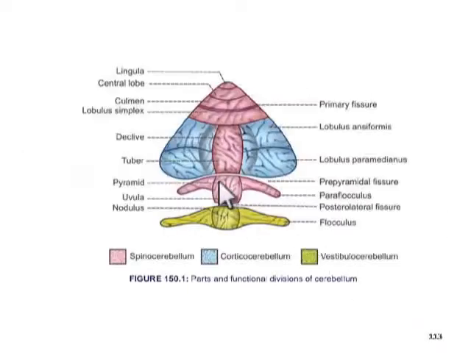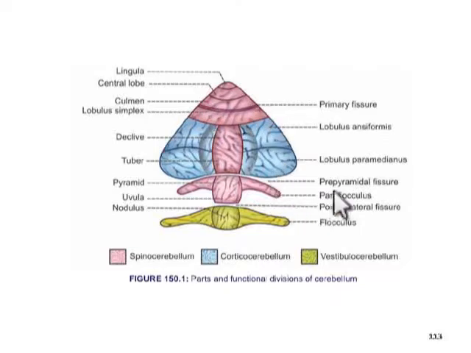This nodulus and flocculi, these two parts together are called as flocculonodular lobe. This one is nodulus. Okay. The central one is nodulus and this one is flocculus.